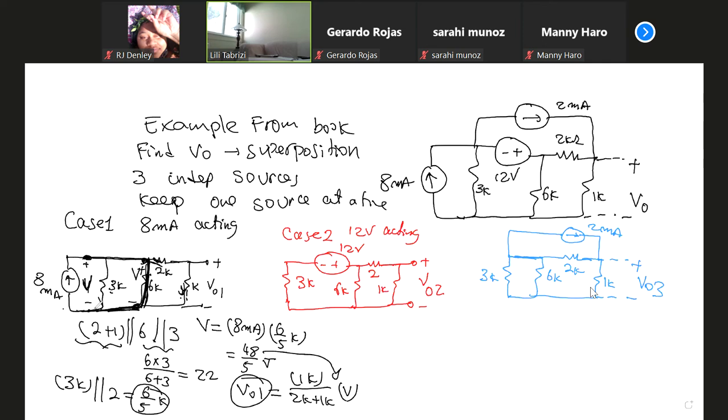You keep moving this V because it's parallel, so you can move it all the way up to here, as plus or minus V. Then you have 2K and 1K. So what is this voltage VO1? It's 1K divided by 1 plus 2, multiplied by V. That's voltage division.